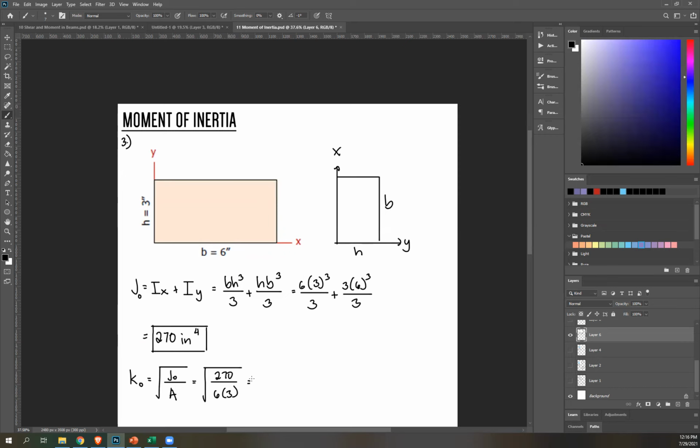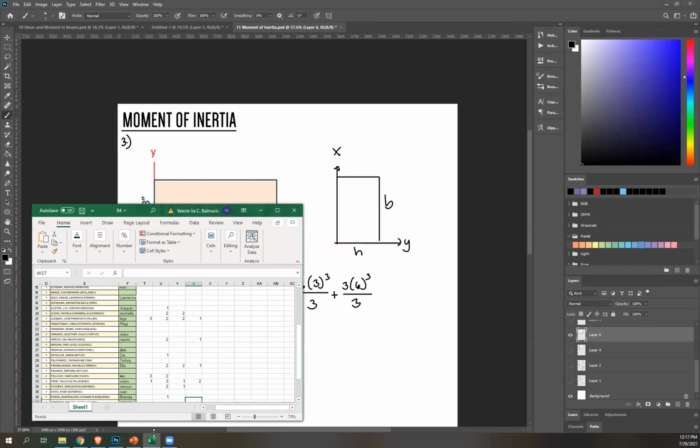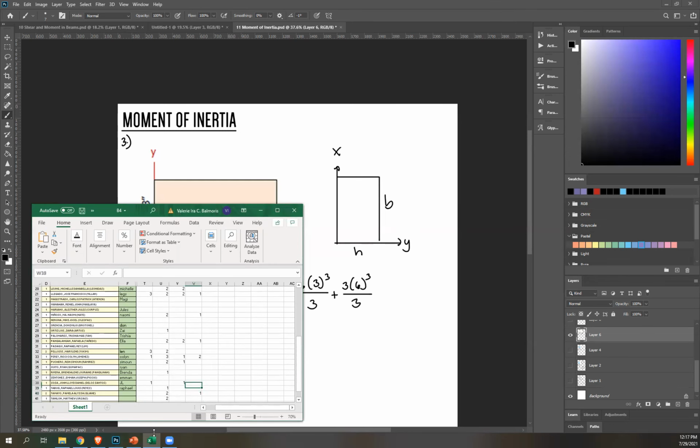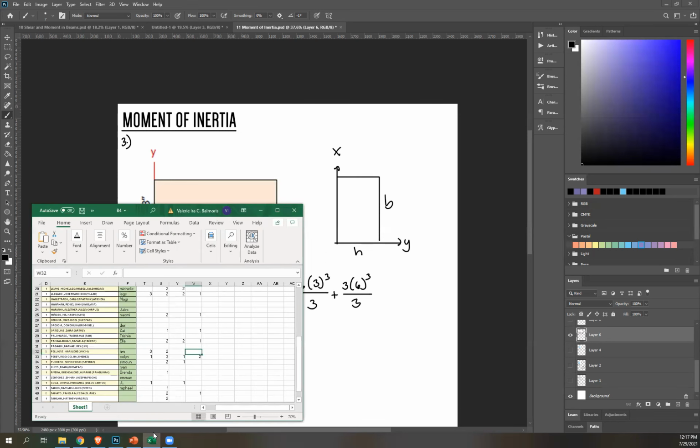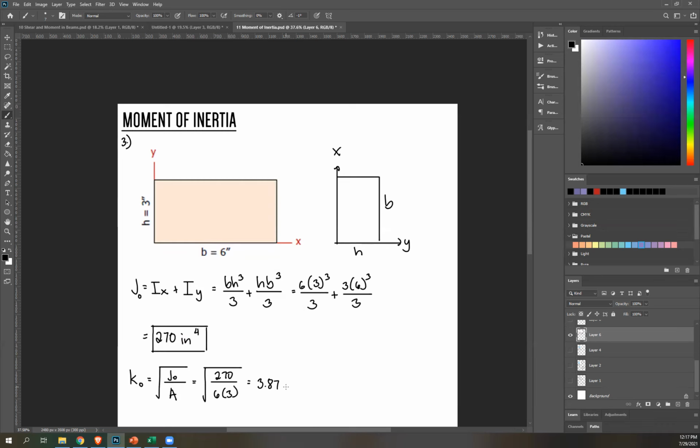Correct. So 3.87. What's the unit? Inches.